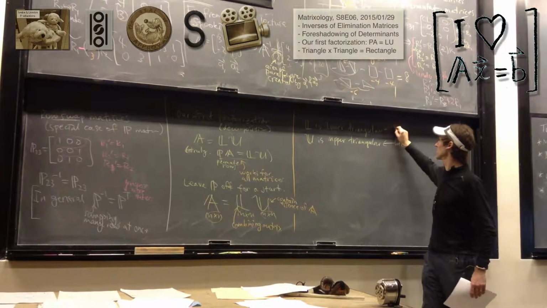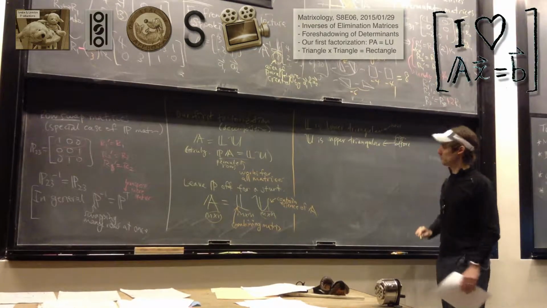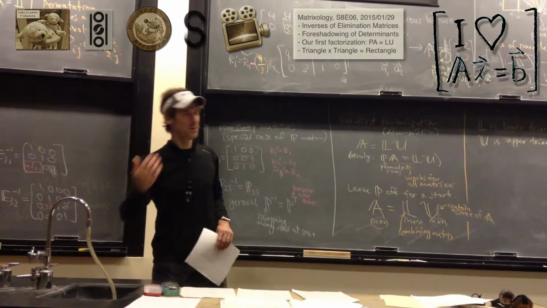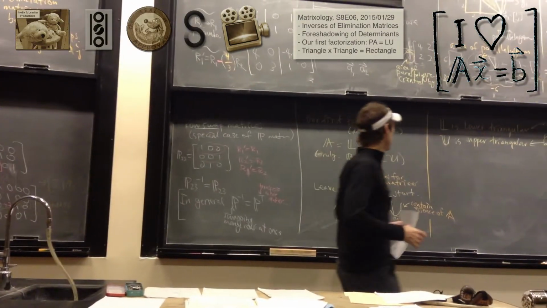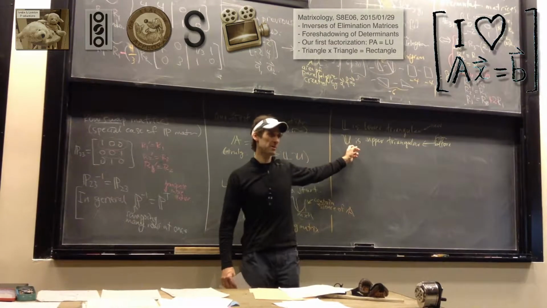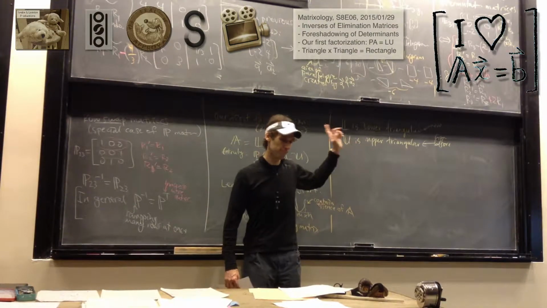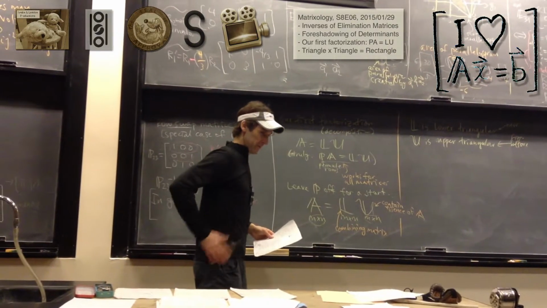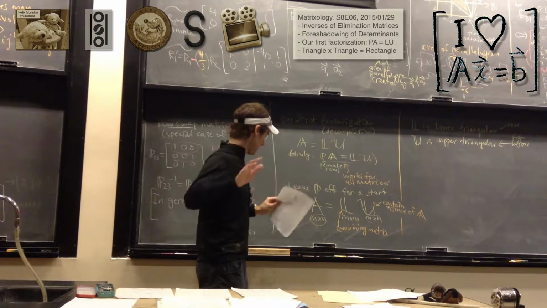This is new. This is the new piece here. Right, we went from AX equals B to UX equals C, and we noticed that upper triangular systems are easier to solve. So are lower triangular systems.